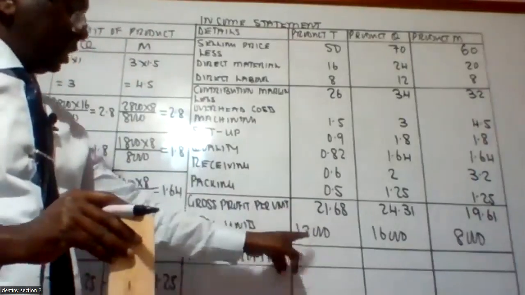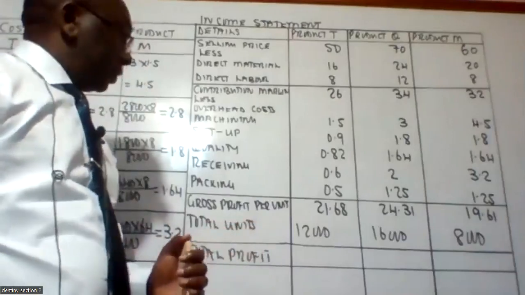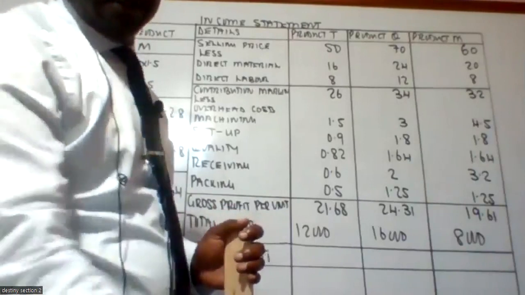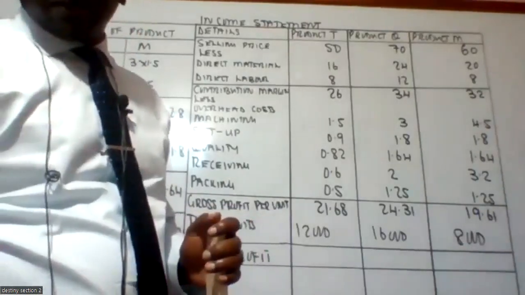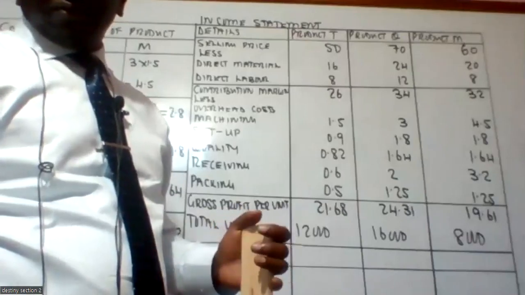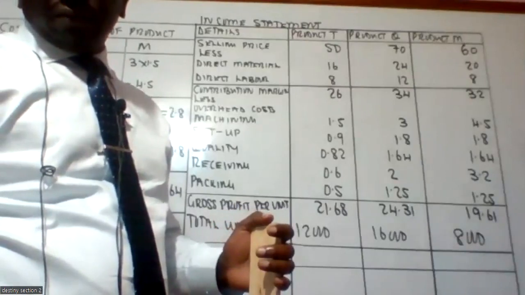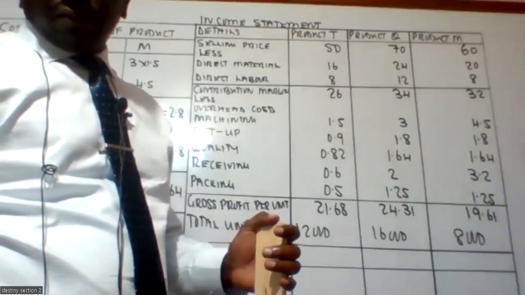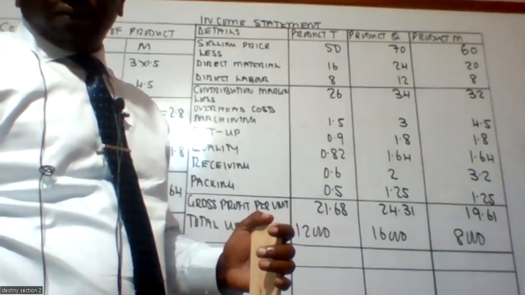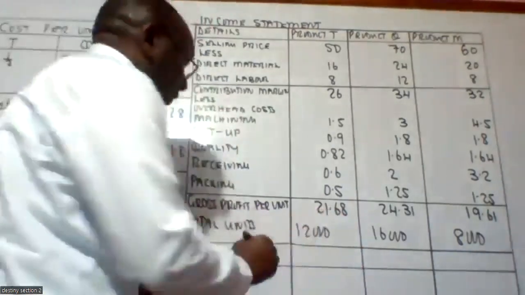This one times this, 21.68 times 12,000, is 260,160.